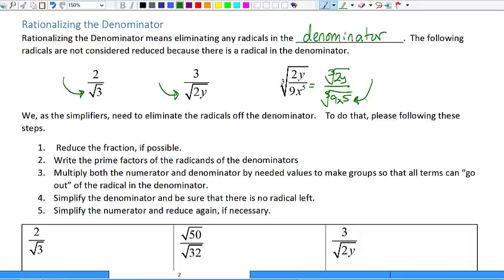And then we are going to multiply both the numerator and the denominator by needed values to make the number of groups so that all of the terms can go out of the radical, making them have no radical left in the denominator. Then we'll simplify and be sure that there is no radical left, and then lastly, simplify the numerator and reduce again if necessary. Now, all of these steps seem kind of overwhelming right now, so let's go through some problems going through each step.